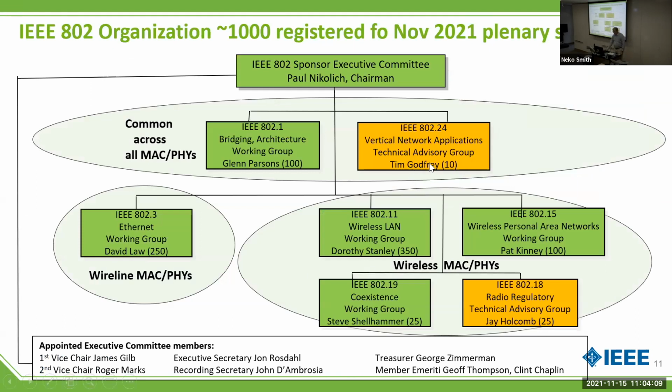So as I mentioned, this group's relatively small, a potential entry point. We've got the overview and architecture as handled by 802.1. There's about 100 participants that are active in that.